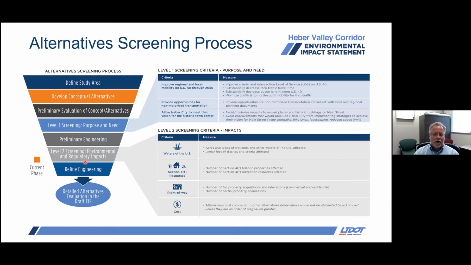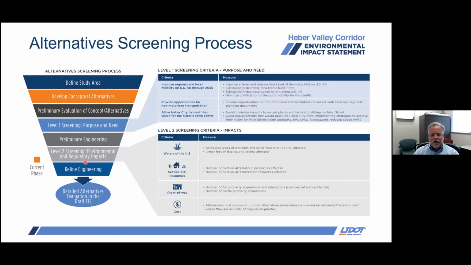Some of those are our Section 4F resources like public parks and historic buildings. Other resources that we'll look at for impacts would be wetlands. It's also at this stage where we'll begin to look at impacts to properties. We'll look at some of those right-of-way impacts, and we'll also be developing a high-level cost for each one of the alternatives as well.